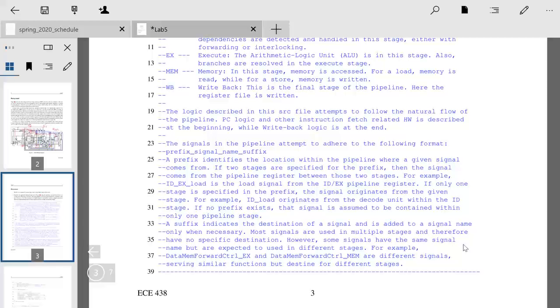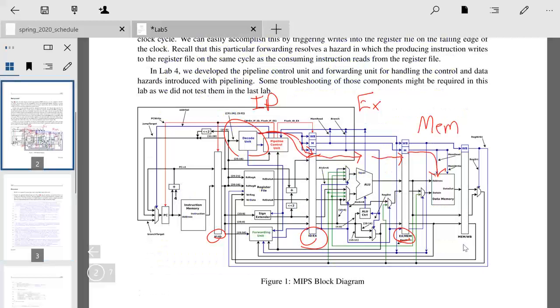If no prefix exists, the signal is assumed to be contained within only one pipeline stage. So you may have signals that only ever reside in one pipeline stage. In fact, I see an example right here. I'm going to circle it.